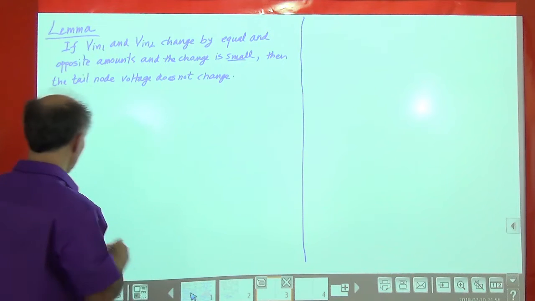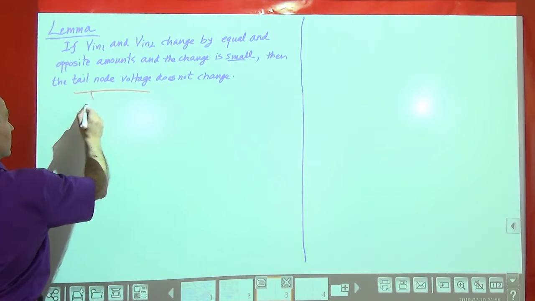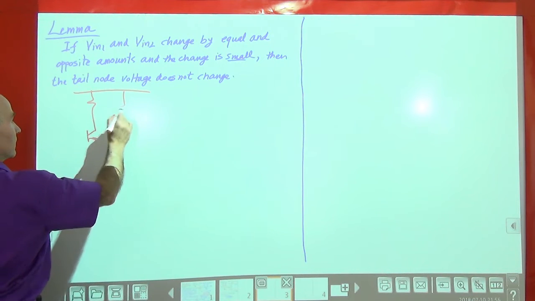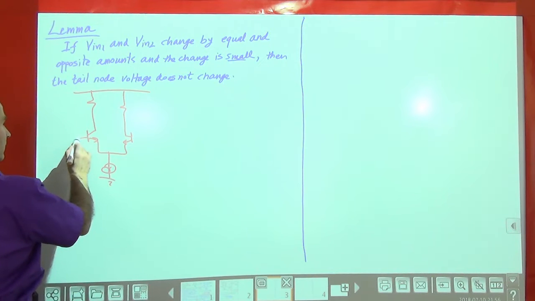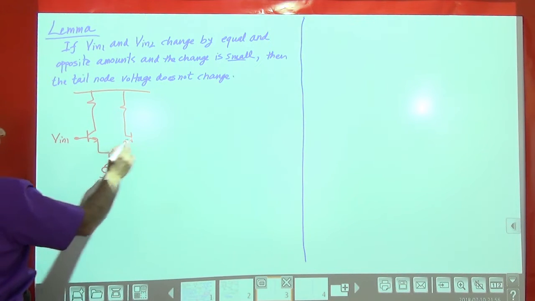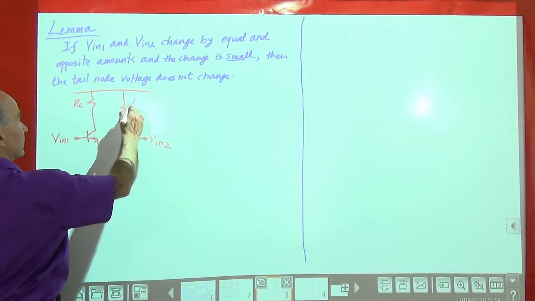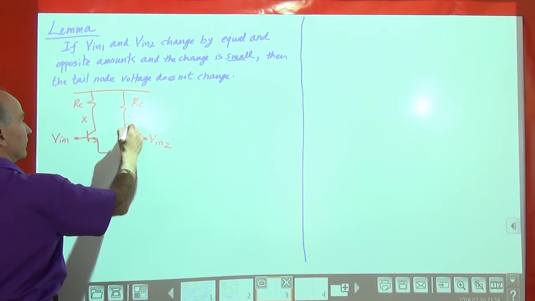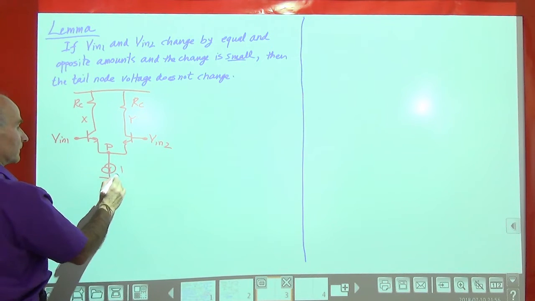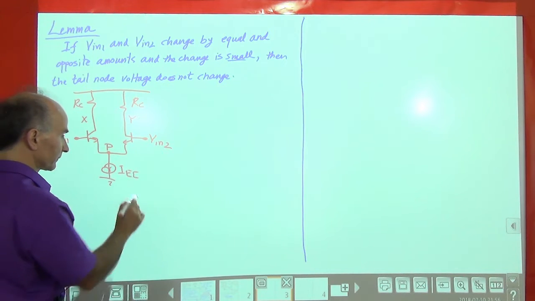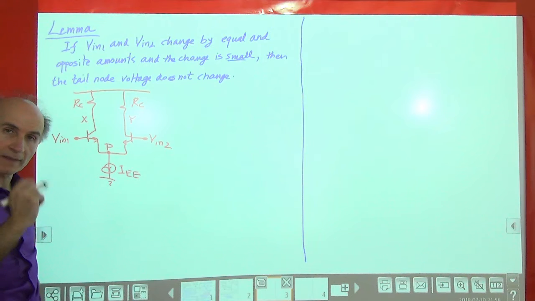Let me draw the differential pair again, and I'll show you what this all means. So here's our differential pair: Vin1, Vin2, RC, RC, X, Y. And the tail node is what we call node P. Here's what this lemma says.